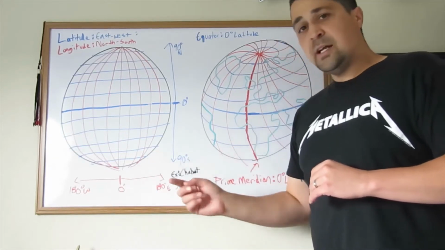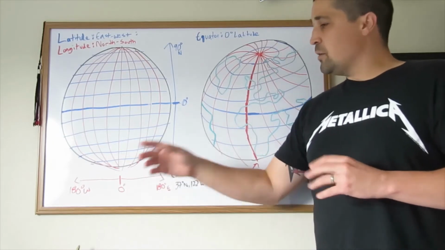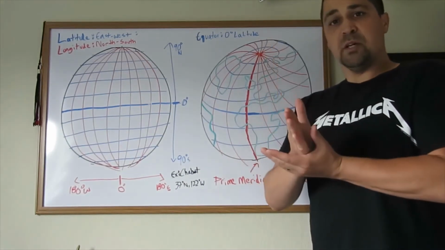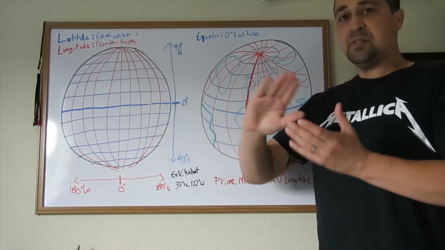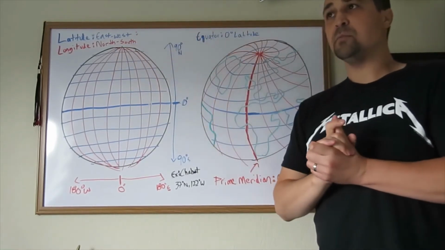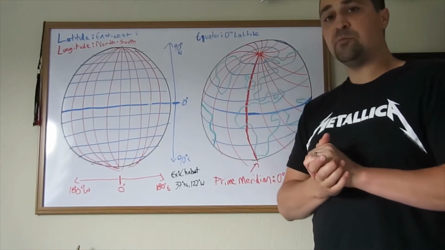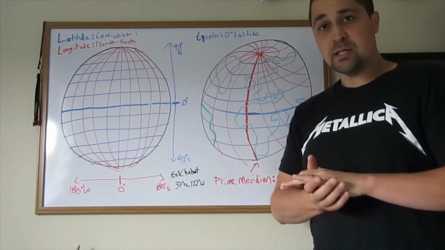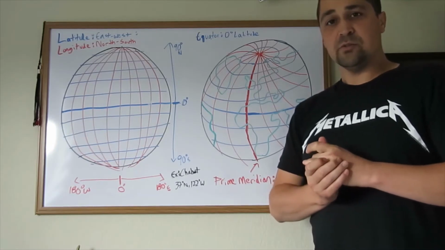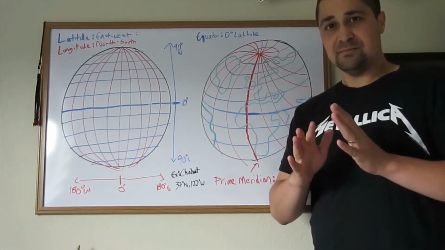And that 180 degree number is very significant, because if you think about a complete circle, there's 360 degrees total, so the halfway point would be 180. That would be the complete opposite side if I had flipped this and turned it all the way around. We would see, instead of the prime meridian, the 180 degree line of longitude, which we call the international date line.